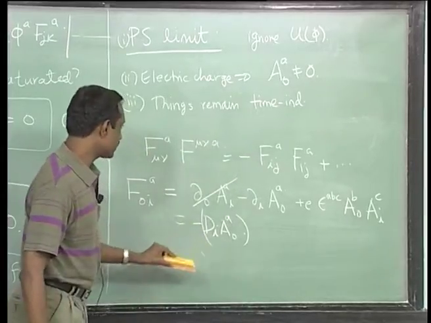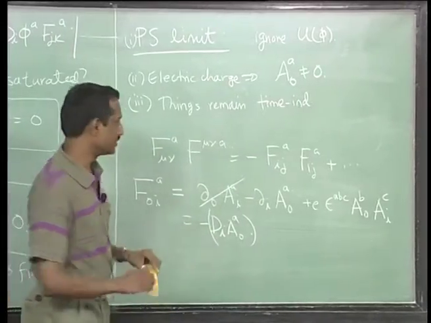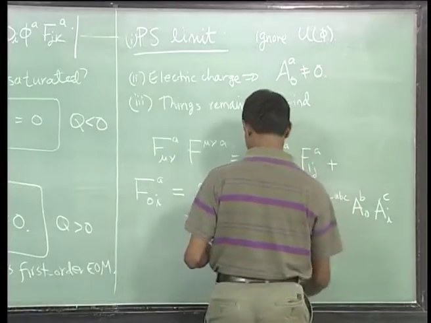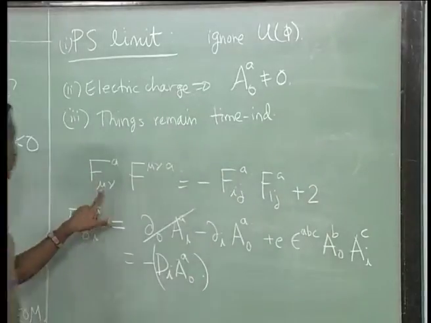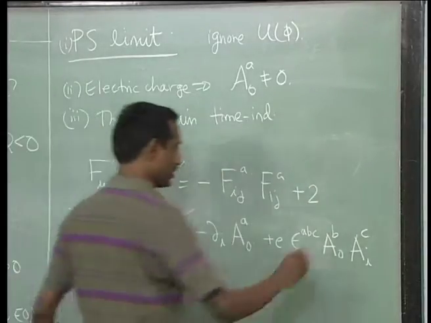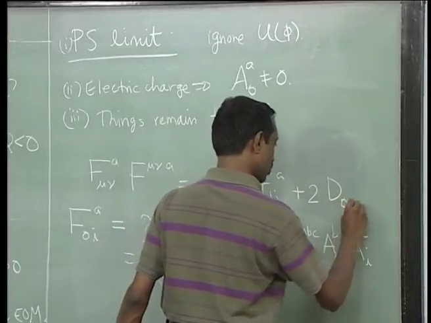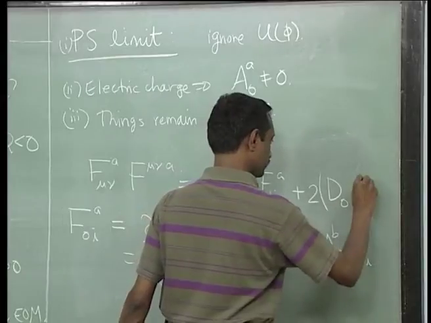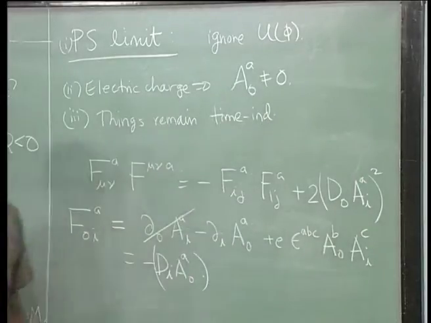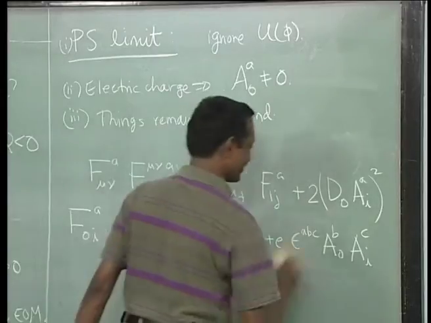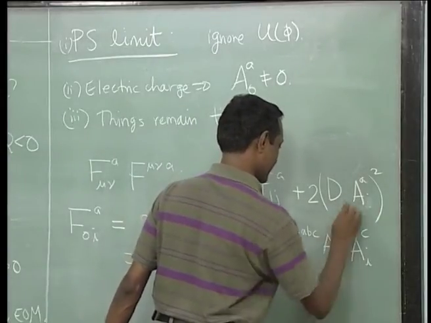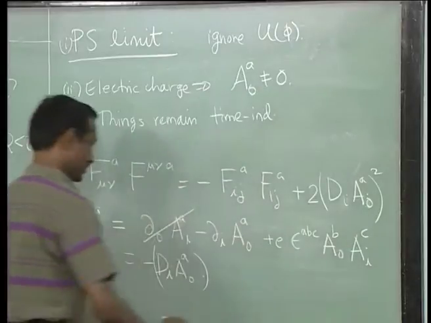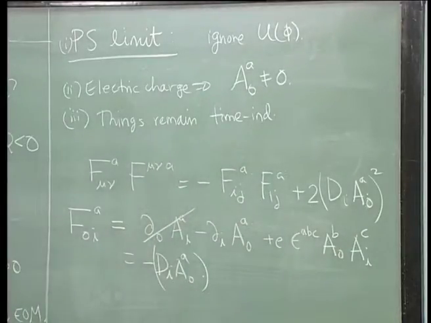So now I can write out what I get here. There will be a 2 coming because it could be 0i. So I get, sorry, D_i of A0 whole square. So now let us just look at what that does.